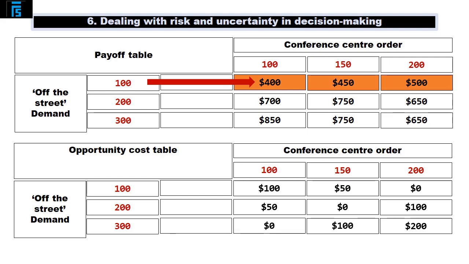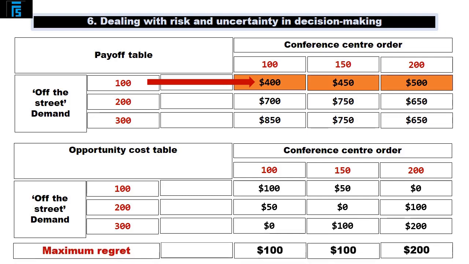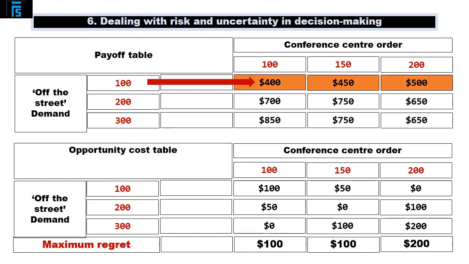We use the table by reading down each column. For example, the first column. If Jack agrees to supply 100 sandwiches, his worst possible regret or opportunity cost is $100. In other words, at worst, he will be $100 off the best outcome he could have expected.